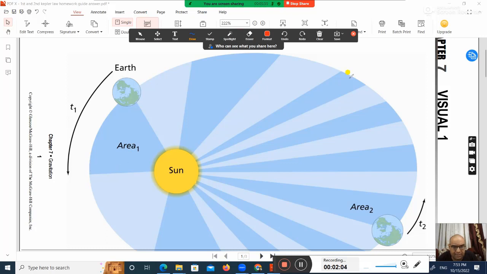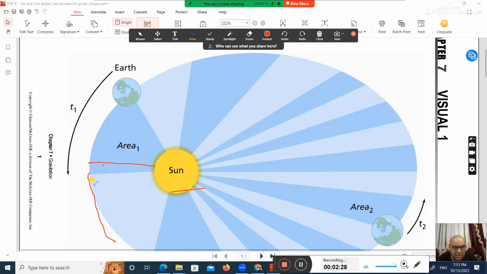Here is the shortest radius. So in this period, the Earth is going to move fast, as the time intervals are equal.